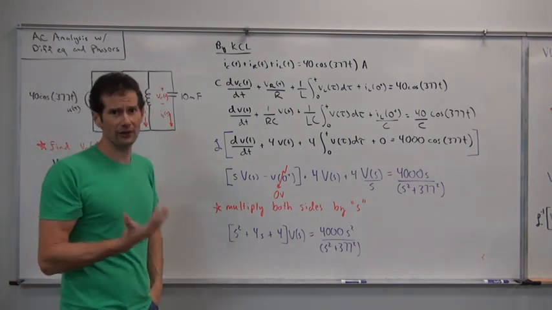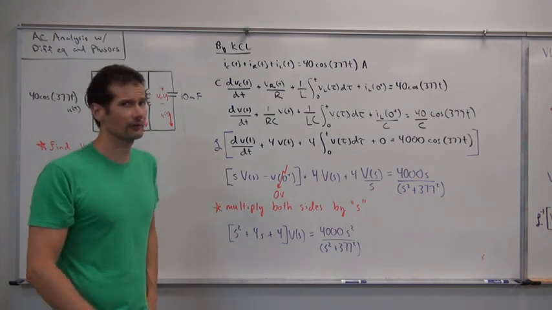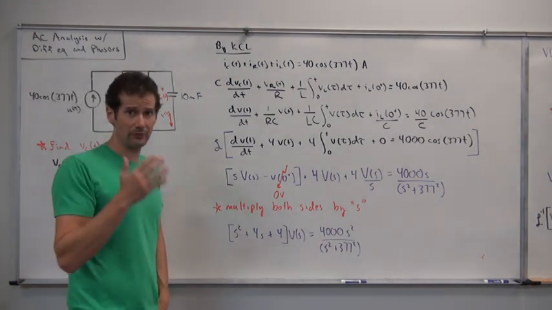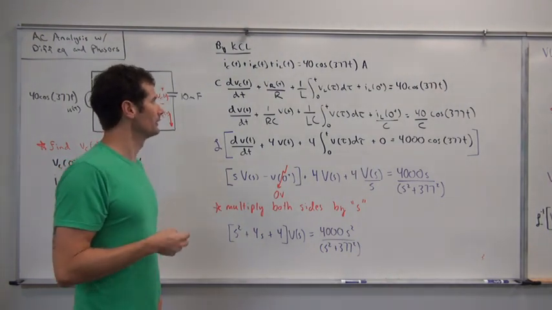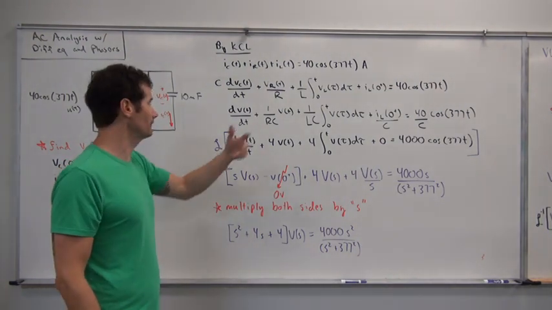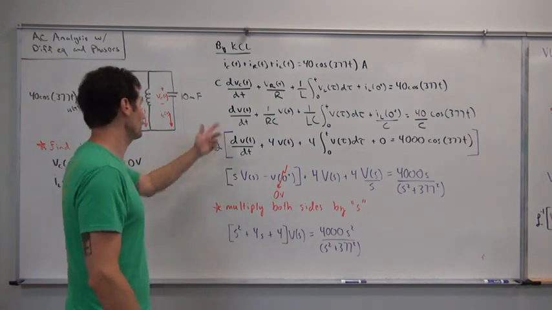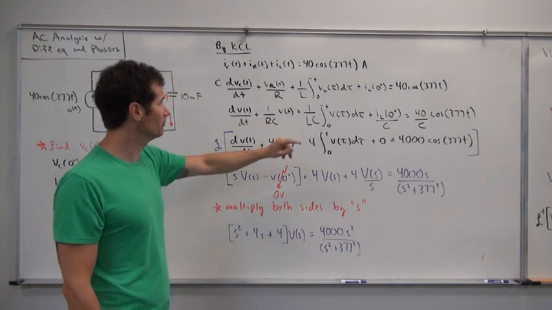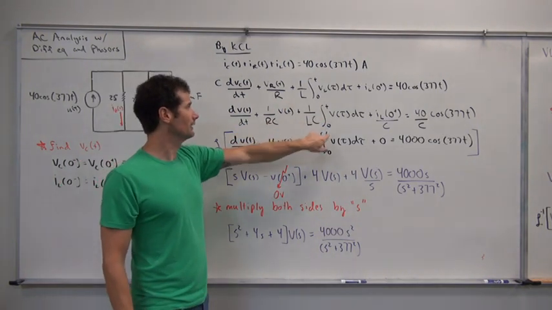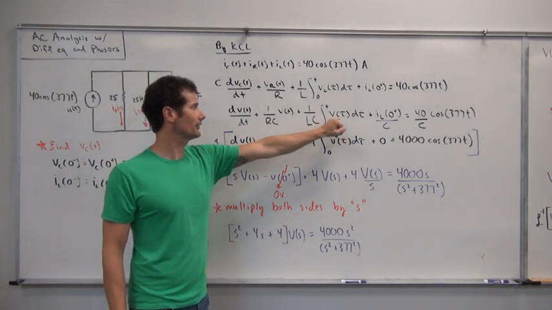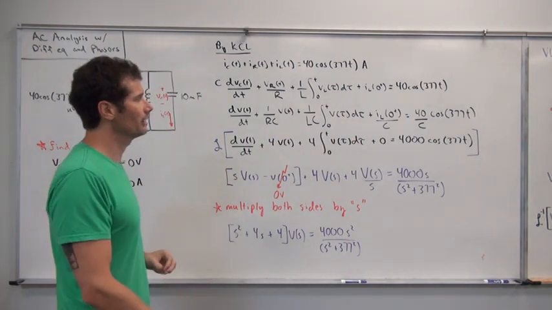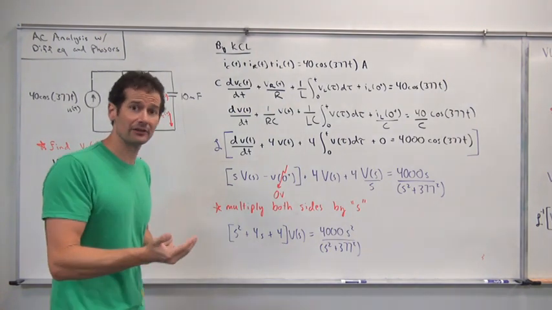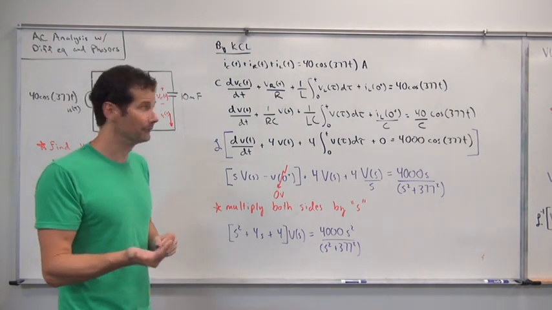For this one, I'm just going to solve it in the integral form. I'm going to isolate the highest order derivative. Because we know that parallel elements all have the same voltage, I'm just going to say that V of t is the same variable here. So dV/dt plus 1 over RC, V of t, plus 1 over LC times the integral from 0 to t of V tau d tau plus IL of 0 plus, now divided by C, and also 40 cosine 377t divided by C as well.